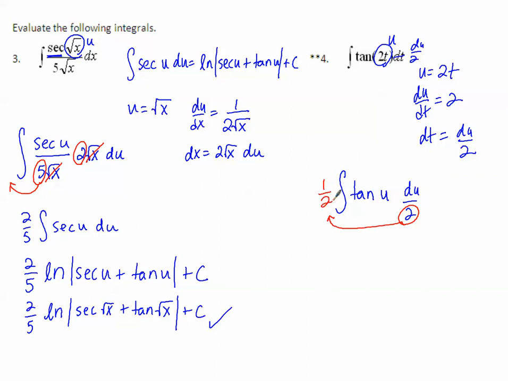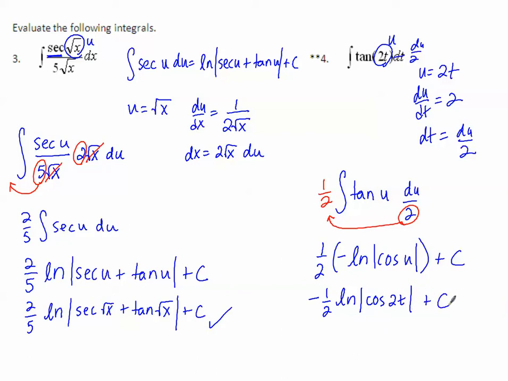It can come out. Only numbers can come out, not variables. So 1/2, the antiderivative of tangent of u is the negative natural log of absolute value of cosine of u plus c. Pull out the negative, negative 1/2 natural log of the absolute value of cosine of 2t plus c.